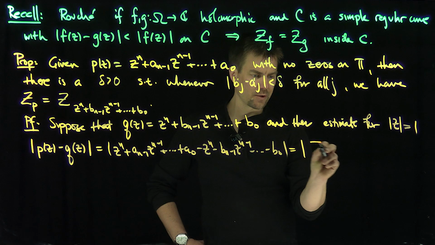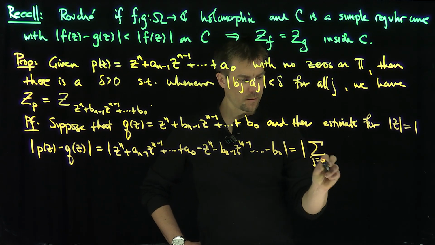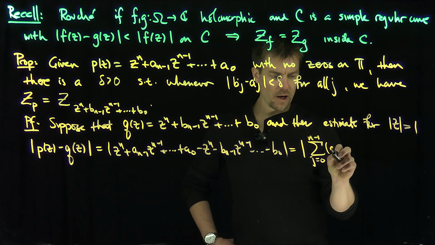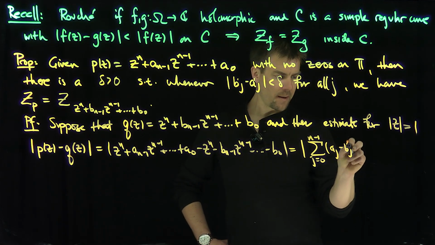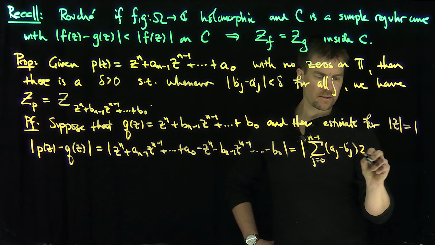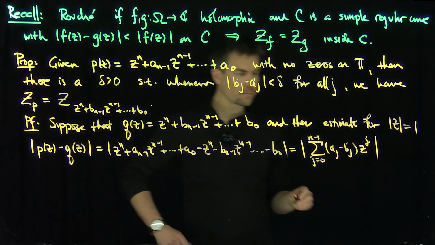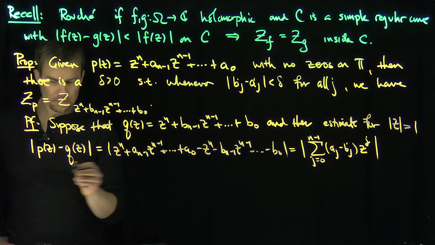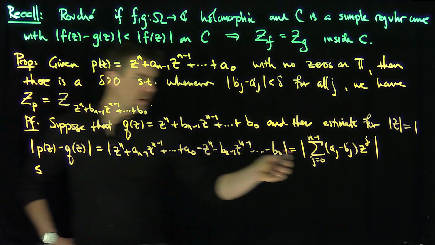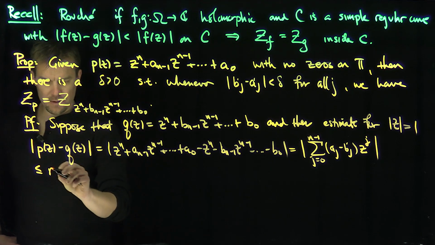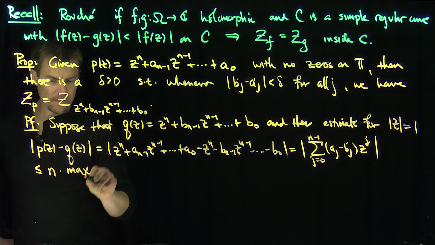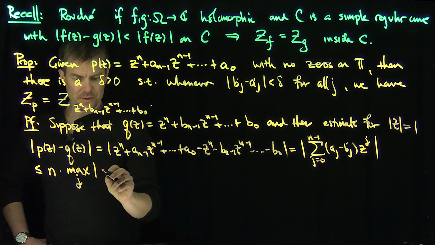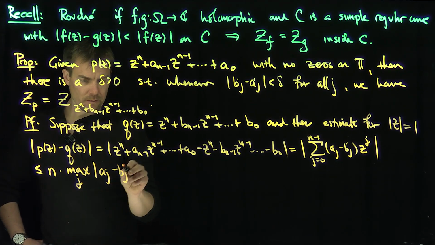The leading term cancels out, and you just get the sum over j from 0 to n-1 of (a_j - b_j) z^j. Well, this is less than or equal to, since I have n terms in my sum, n times the maximum over j of |a_j - b_j|.